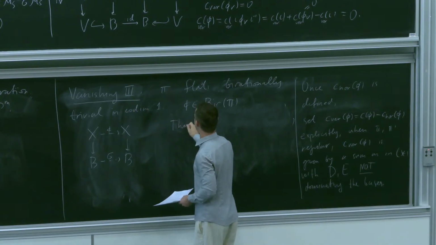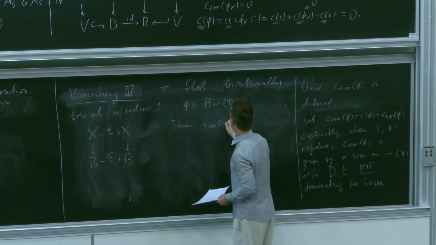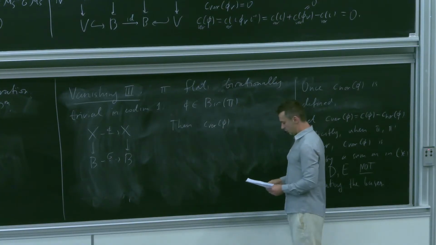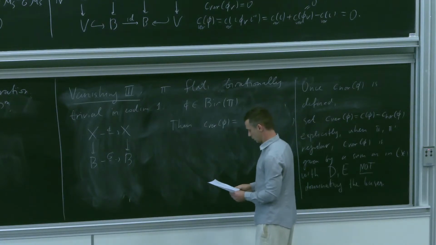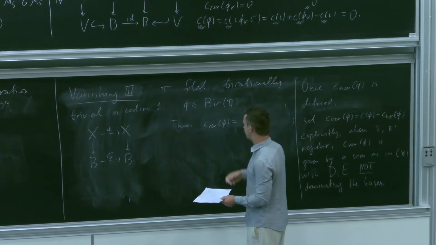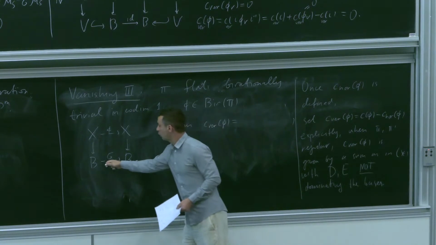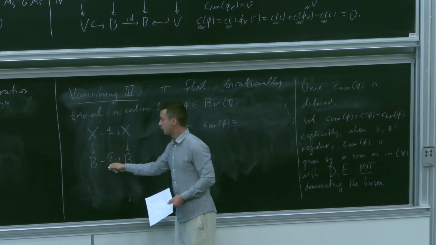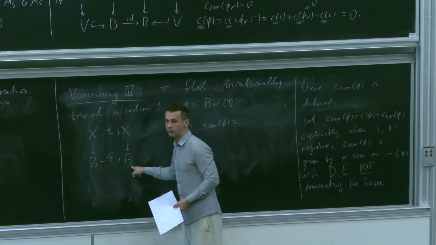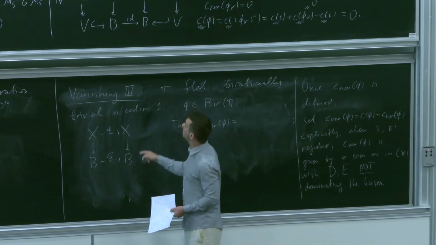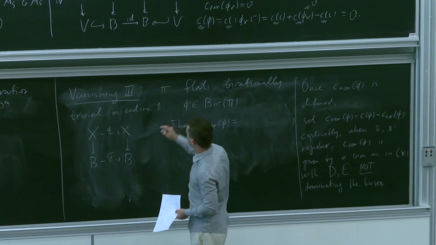The claim is that the vertical invariant can be computed as follows. It's not quite zero, but it's controlled by the base. For example, if this was the identity, then without any more assumptions, it's zero.